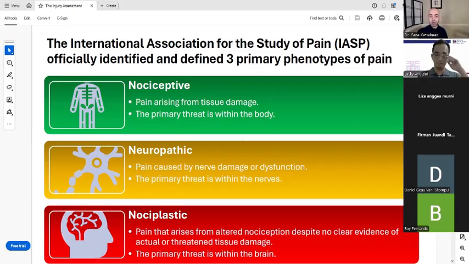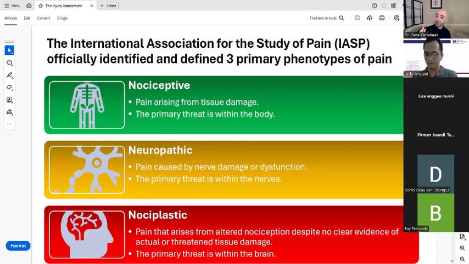This is pain that arises from altered nociception, despite no clear evidence of actual or threatened tissue damage, meaning the brain is interpreting pain from nociceptors even though there is no actual issue within the body. So here, the primary threat is within the brain. The brain itself is behind the threat. And we're going to talk about what that means.